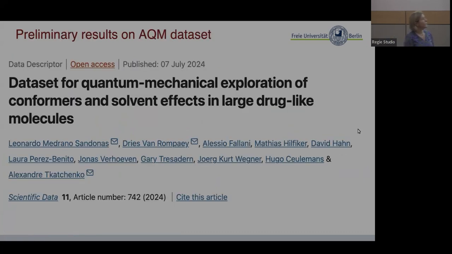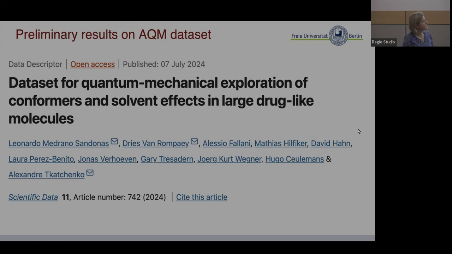We tested it on the Aquamarine dataset. We tested it to reproduce quantum mechanical data with atomistic energy functions. So this dataset is built to look at long range effects.